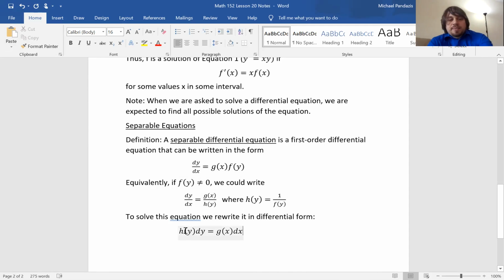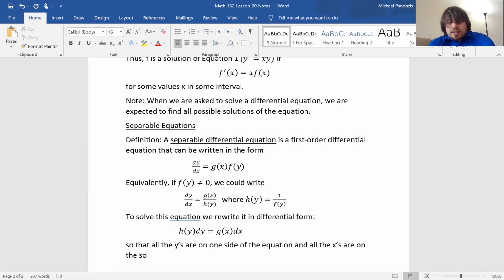This has to do with the change in height of the tangent line at a point. This is so that all the y's are on one side of the equation, and all the x's are on the other side.